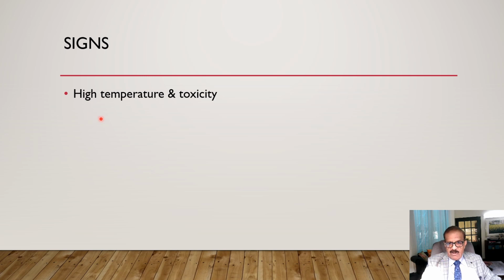High temperature, and there is toxicity. If you measure temperature, you are likely to see a temperature of 102, 103. Not that the patient will always have a high temperature. There are people who do not have a high temperature. In fact, a high temperature indicates a good immune response.